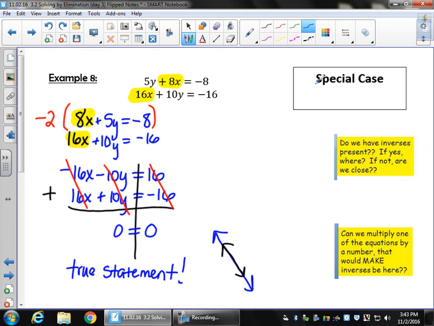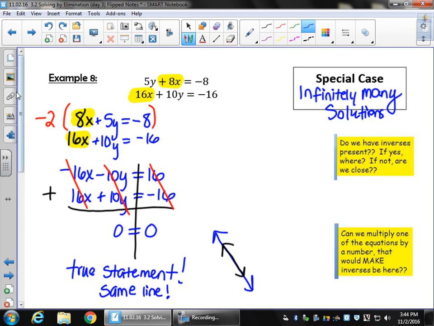They're the same line, that is infinitely many solutions. Infinitely many solutions. True statement, same line. Same exact line. Meaning there's infinitely many points that work because this line goes on forever and ever in both directions.